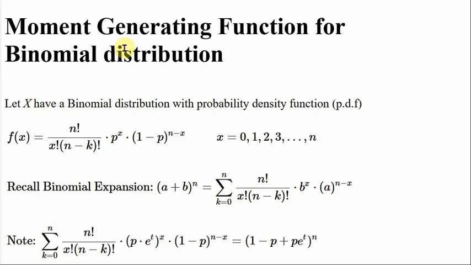And now we'll take a look at the moment generating function for the binomial distribution. And then from there we can figure out what the expected value and the variance of x are.